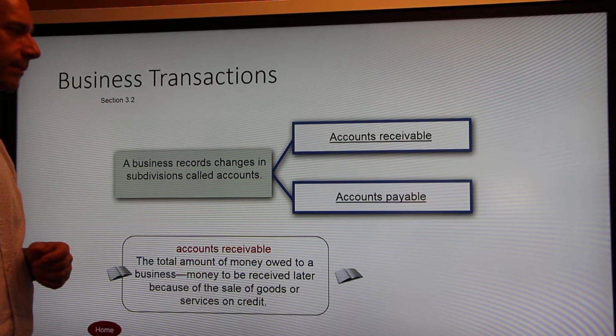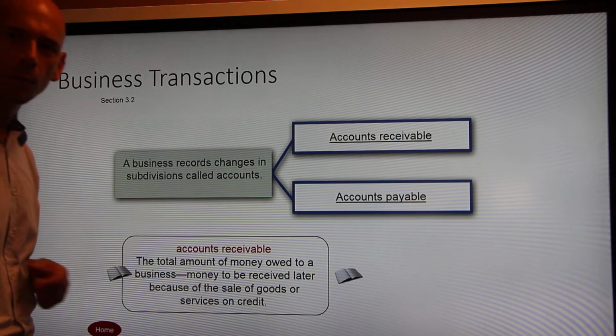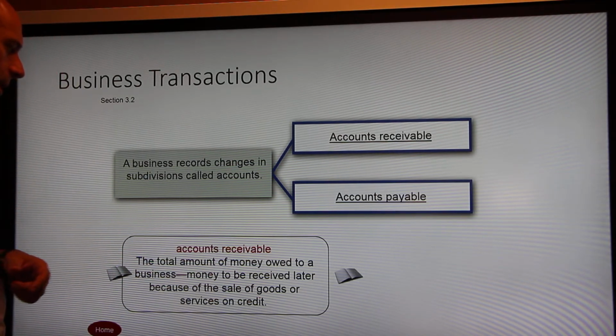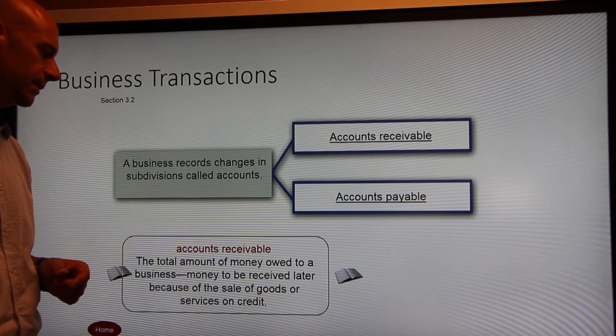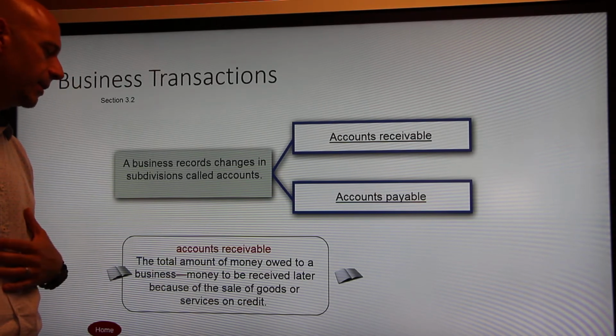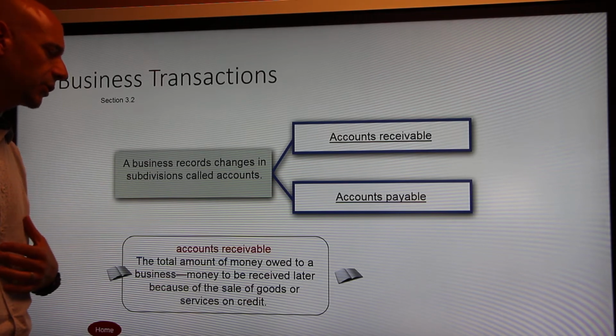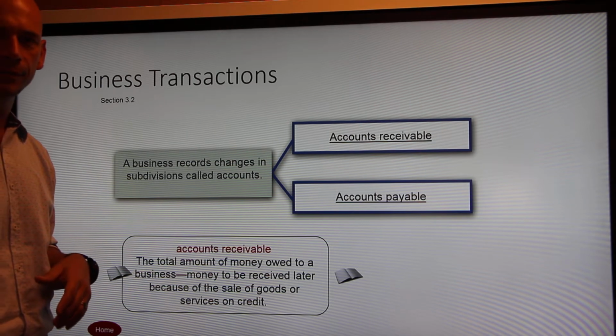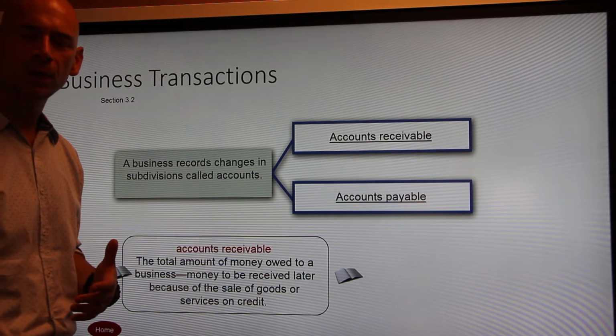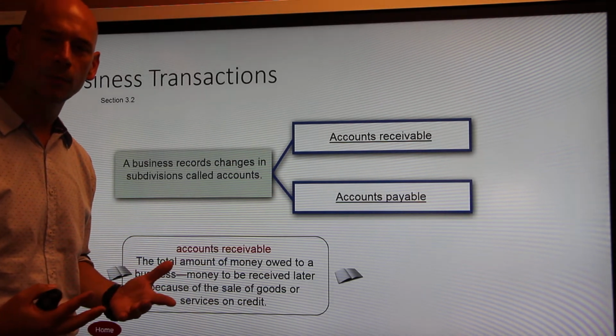So what exactly is accounts receivable and accounts payable? The first one we're going to talk about is accounts receivable. Accounts receivable is the total amount of money owed to a business, money to be received later because of a sale of goods or services on credit. So what that means is this: somebody came into your store, they bought something, and they're going to walk out of the store with the item that they bought.